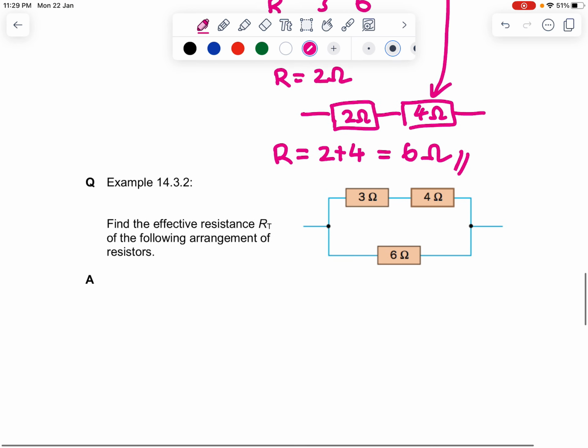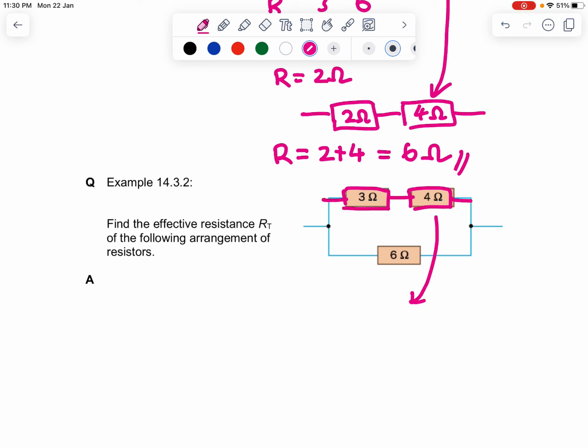One other example. So in this case, it's easier if we solve the series first. So R equals 3 plus 4 equals 7 ohms. So I can redraw it as 7 ohms.